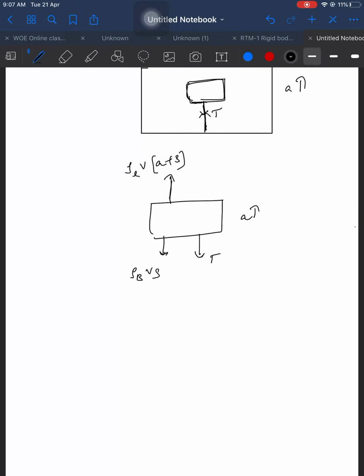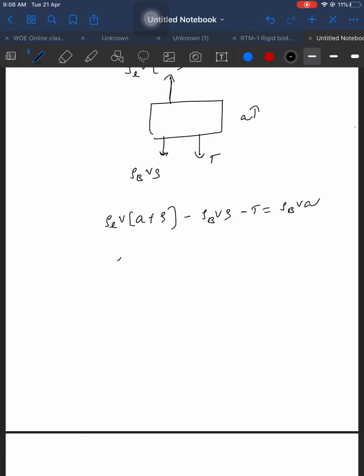Let's write the equation. Rho l into v into (a plus g) minus rho b into v into g minus T is equal to rho b into v into a.